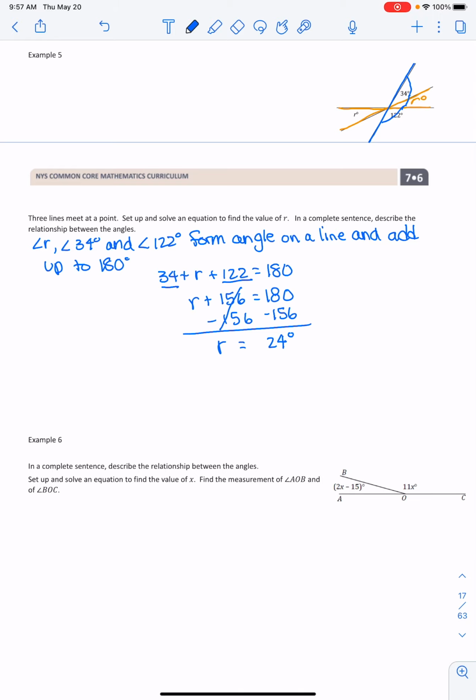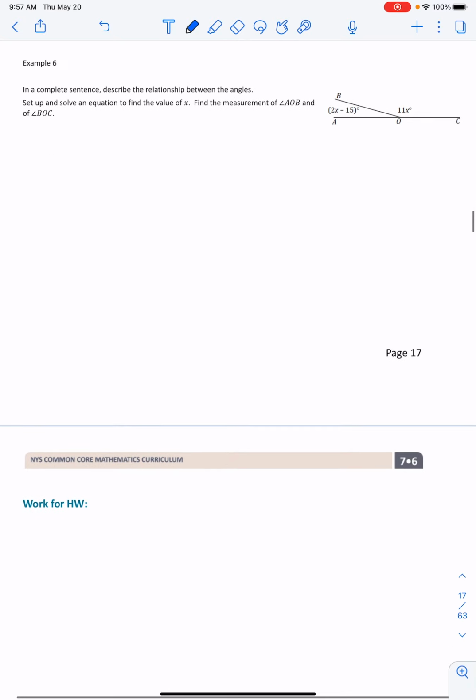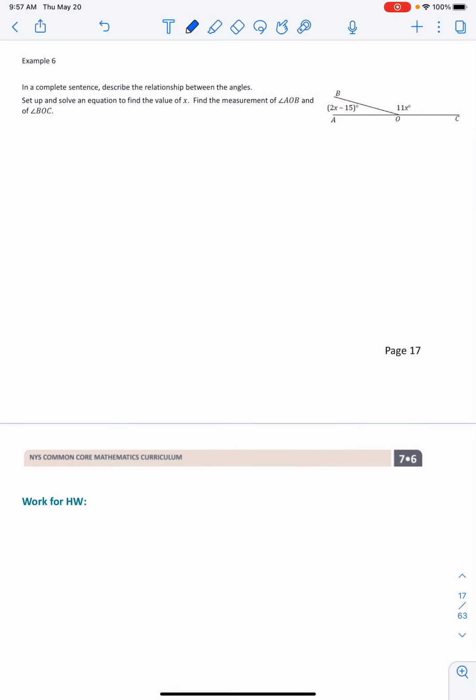Our next problem, and our last problem, is in a complete sentence. Describe it.